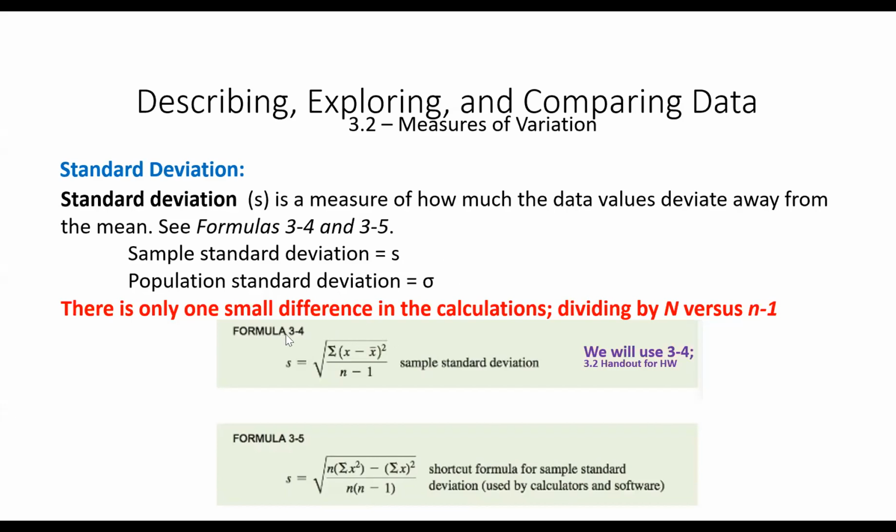If you look at formula 3.4, when you're using S, the equation for the standard deviation looks like this, but the denominator is n minus 1. When we're doing the standard deviation for a population, the denominator is not n minus 1. The denominator is instead n, capital N.